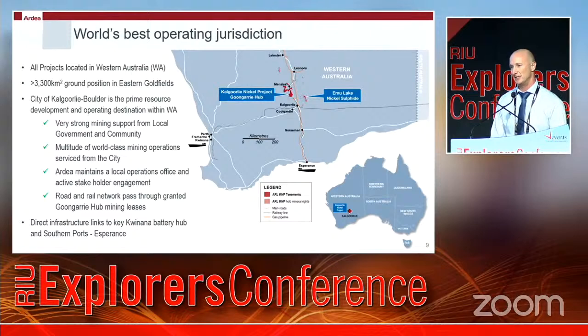And importantly, we've got existing infrastructure. So we've got the road and rail network passing through our granted Goongarrie mining leases upon which the resources are located, and direct links to the deep sea port of Esperance on the south coast, and of course the Kwinana and the developing Kwinana battery hub just south of Perth.